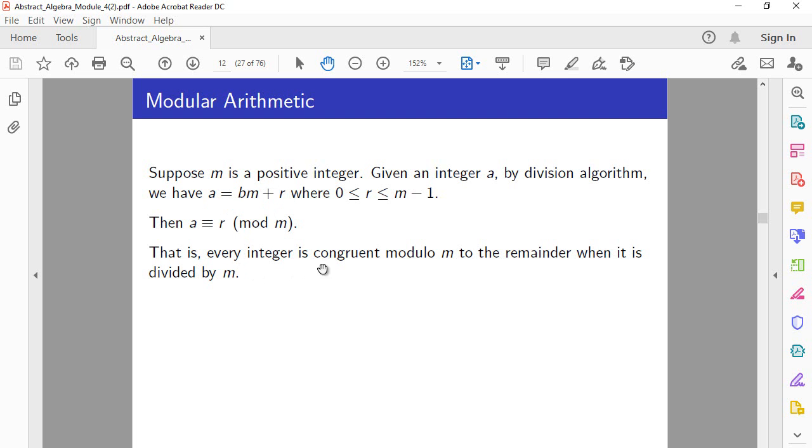So every integer is congruent modulo m to the remainder when it is divided by m. Then every integer is congruent modulo m to one of the numbers 0 up to m minus 1, because these are the only possible remainders when we divide by m.